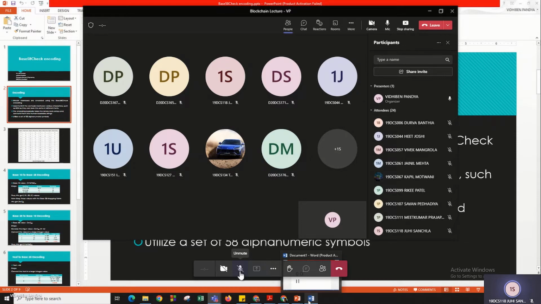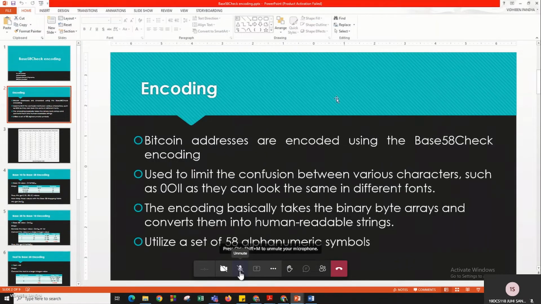From this domain, we are going to remove 0, capital O, capital I and small l, so that we can remove the confusion between the characters. If you remove 4 characters from the 62, how many characters do we have now? 58, right?